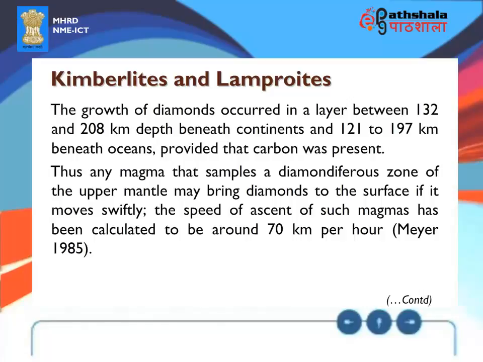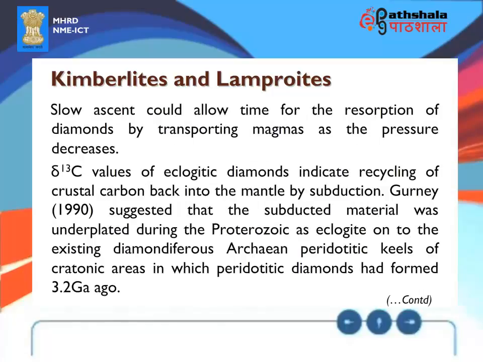Thus, any magma that samples a diamondiferous zone of the upper mantle may bring diamonds to the surface if it moves swiftly. The speed of ascent of such magmas has been calculated to be around 70 km per hour (Mayer 1985). Slow ascent could allow time for the resorption of diamonds by transporting magmas as the pressure decreases.